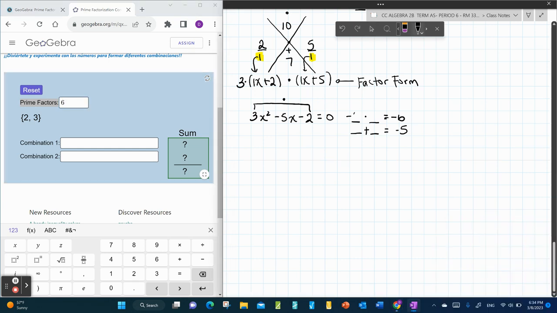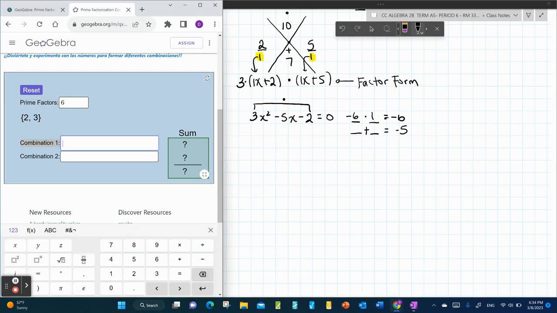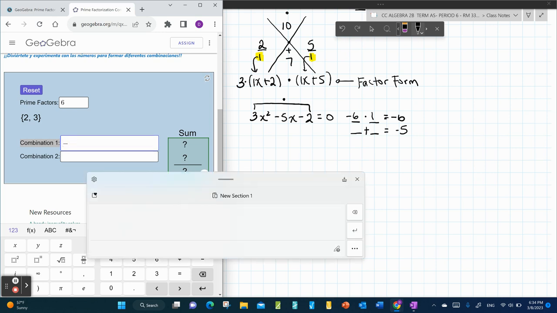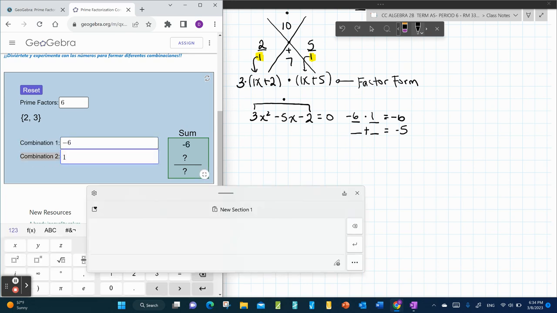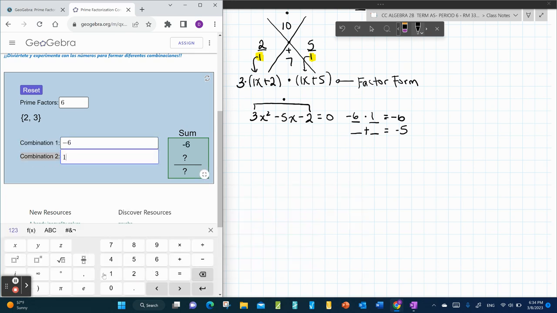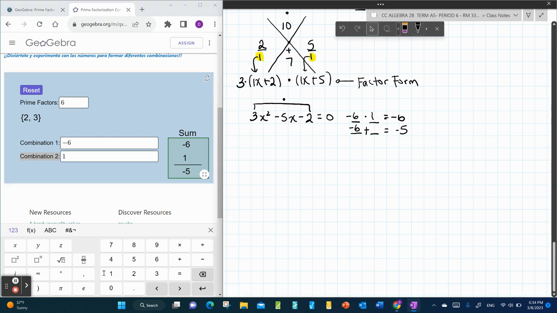I'm going to put negative 6 and 1. And I'm going to test it out. So if I test it out, I'll say negative 6. And here I'll say 1. And I quickly notice that negative 6 and 1 makes negative 5, just like I want. So that means I'm in good condition. So negative 6 and 1.